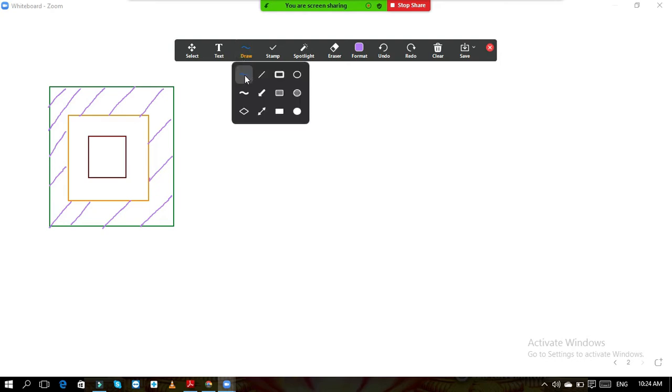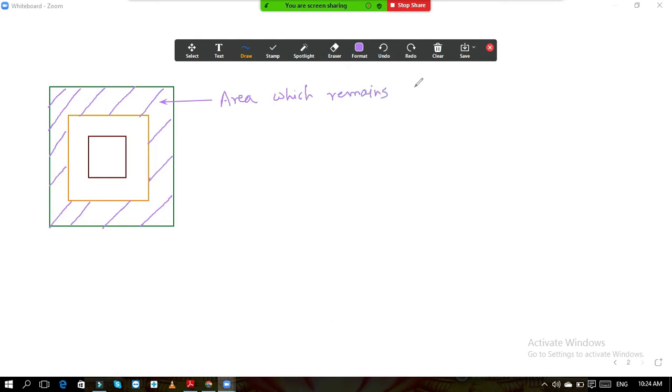So for your understanding, I will give a name to this. This is the area. Okay. So this is nothing but the area which remains after punching action.